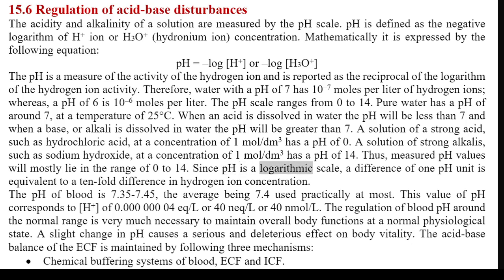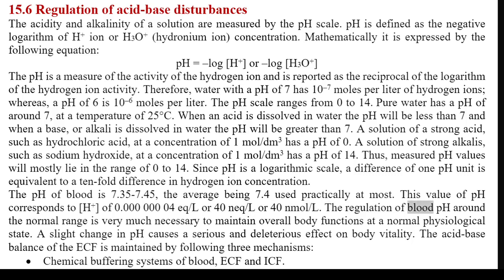Since pH is a logarithmic scale, a difference of 1 pH unit is equivalent to a 10-fold difference in hydrogen ion concentration. The pH of blood is 7.35 to 7.45, the average being 7.4, used practically at most. This value of pH corresponds to H+ of 0.00000004 EQ/L or 40 nEq/L or 40 nmol/L.